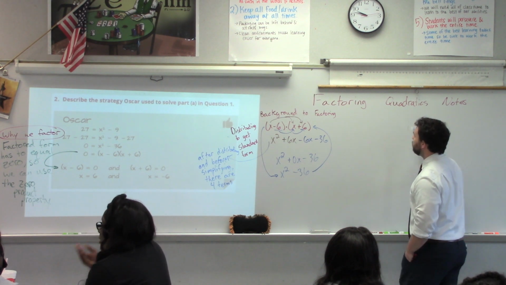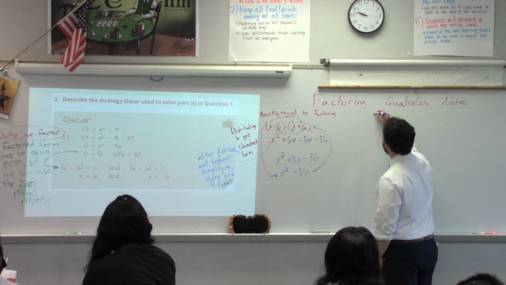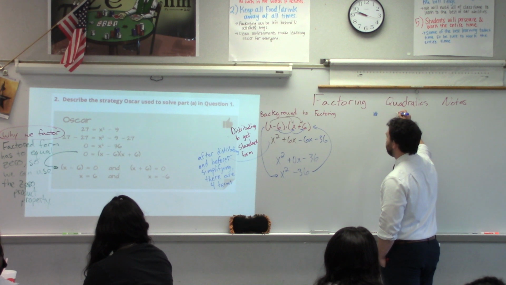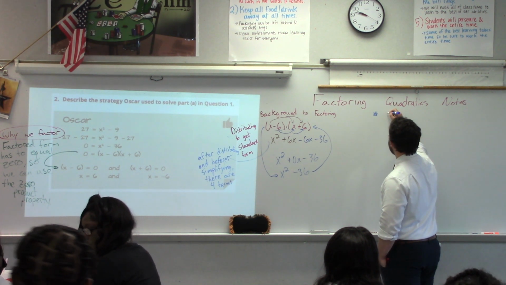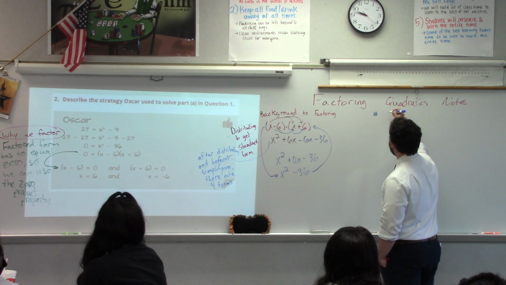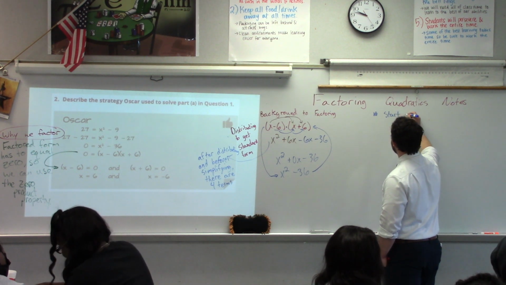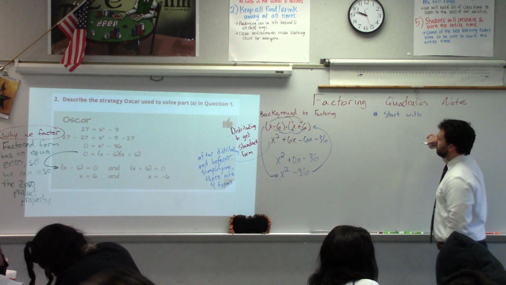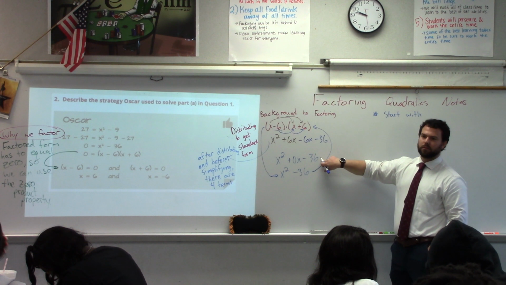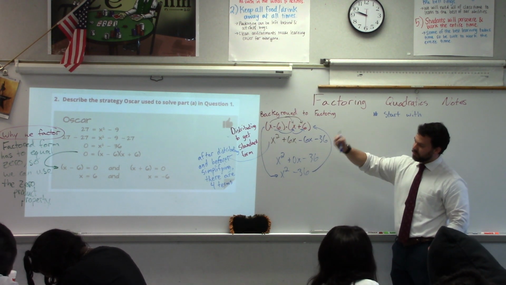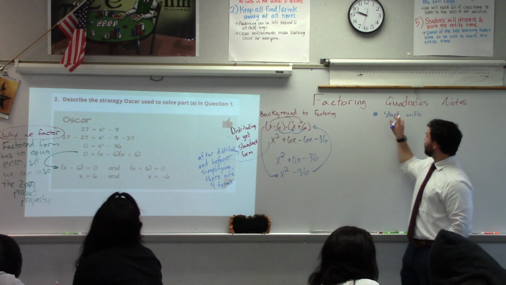So, how do I want to say this? Start with, what form is this again? Standard form. And in general, when we're solving an equation, we want to be equal to 0, but this is just the factoring side.